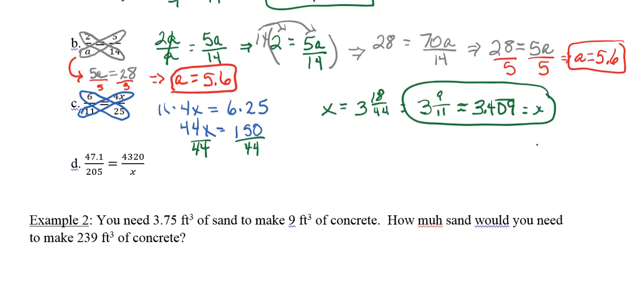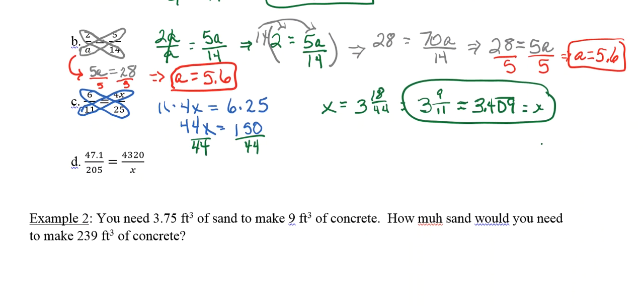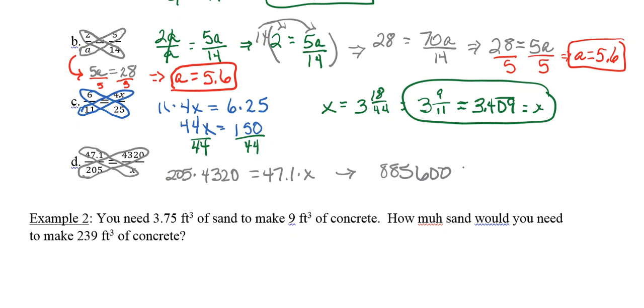Okay, so D, it looks a little bit more scary because it's got bigger numbers and decimals, but the process does not change. So just keep the same practice, the same method. So I'm going to go 205 times 4320, 47.1 times x. So I get 885600 equals 47.1x.